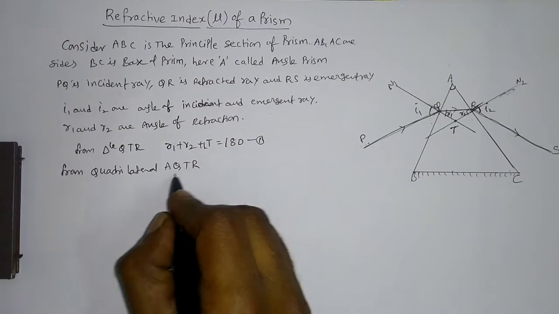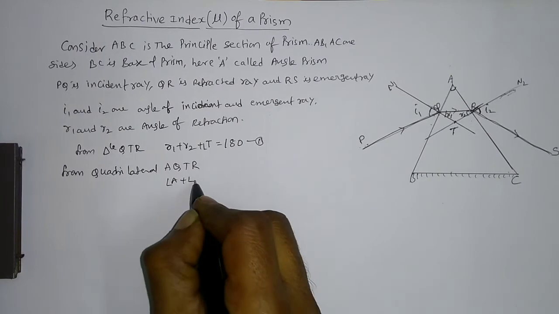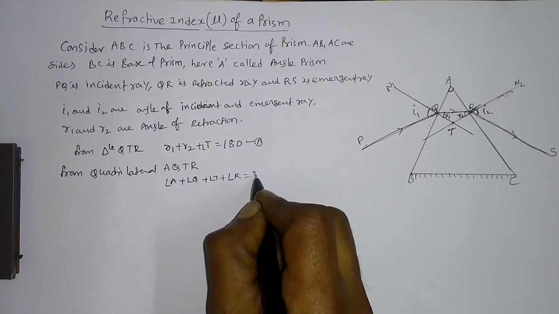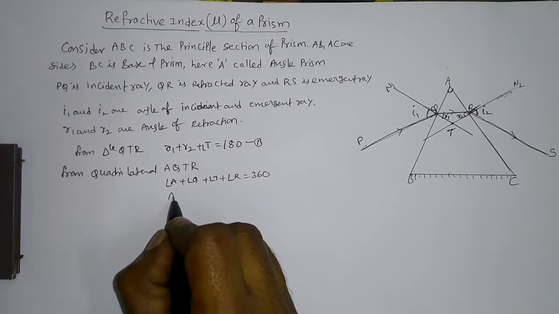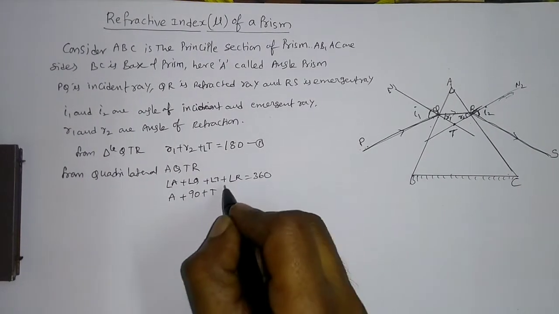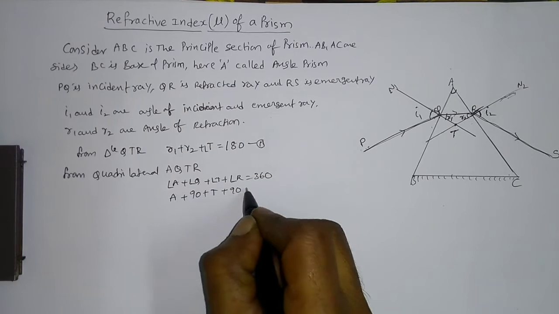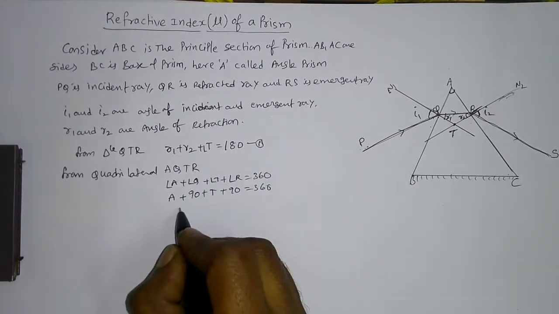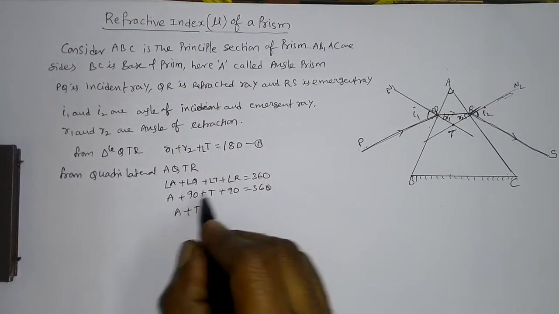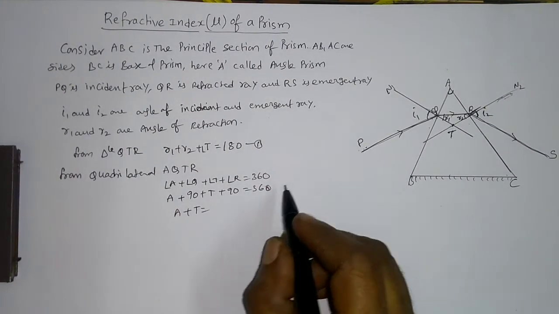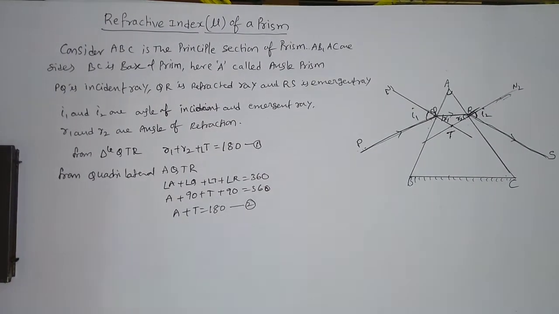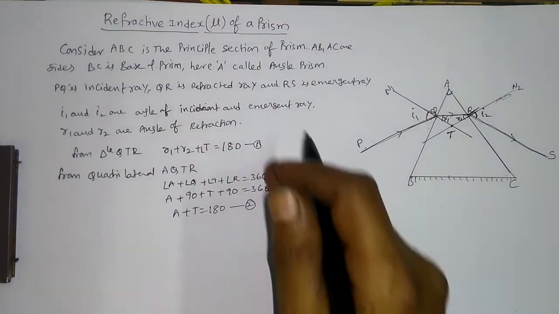That is angle A plus angle Q plus angle T plus angle R is equal to 360 degrees. Angle A, simply write A. Angle Q is 90 degrees. Angle T, simply T, plus angle R, 90 degrees, is equal to 360. From this equation we get A plus T is equal to 360 minus 90 minus 90, that is 360 minus 180, which is 180 degrees. Let it be equation 2. Now from equations 1 and 2, what do you observe?